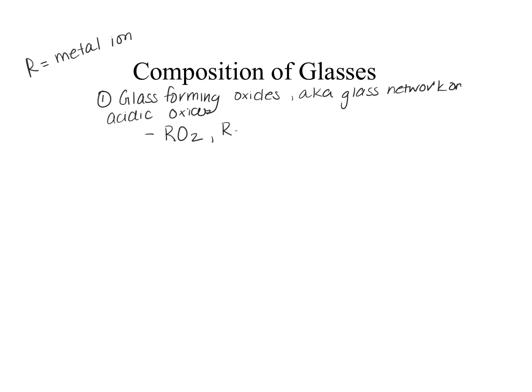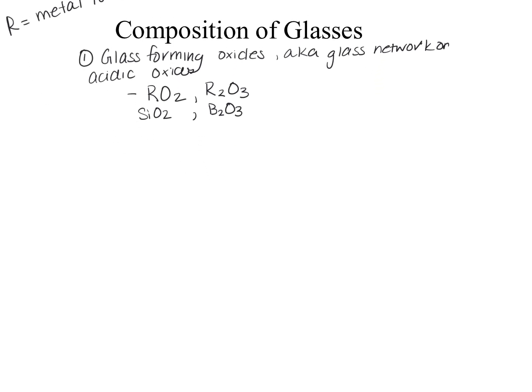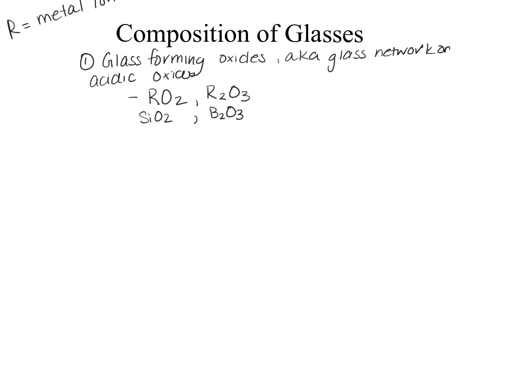Or R2O3. And so examples would be SiO2, right? The other one would be B2O3, which is a boron there. So those are kind of the basis of our oxides. So these tend to be the major structural component.